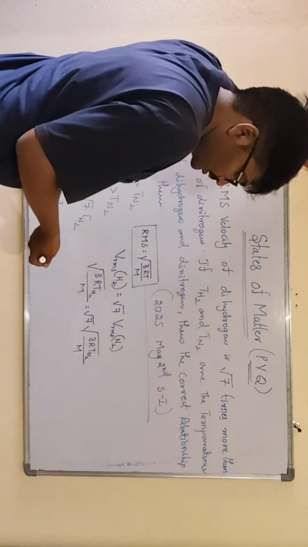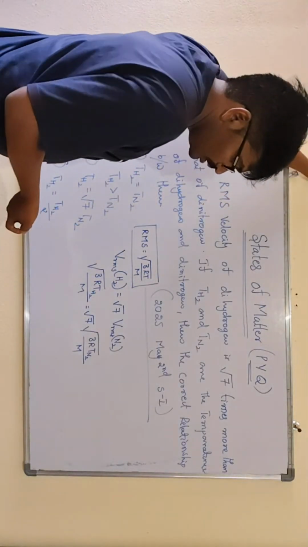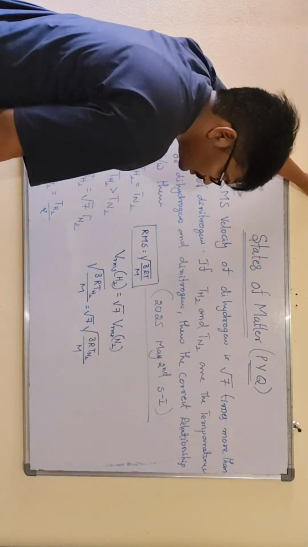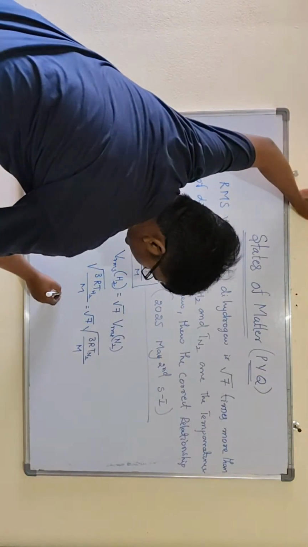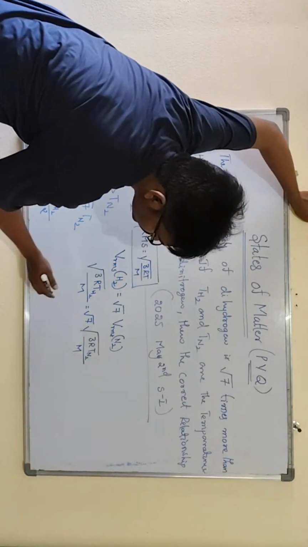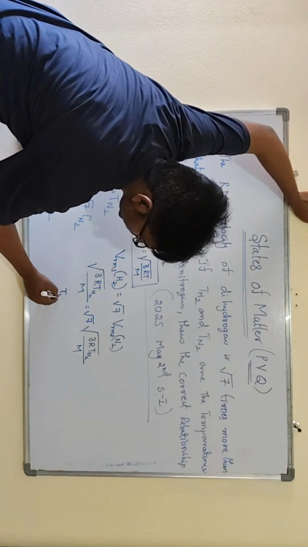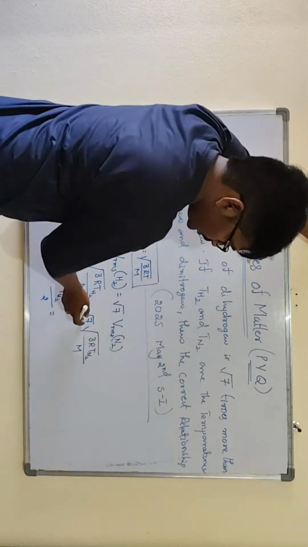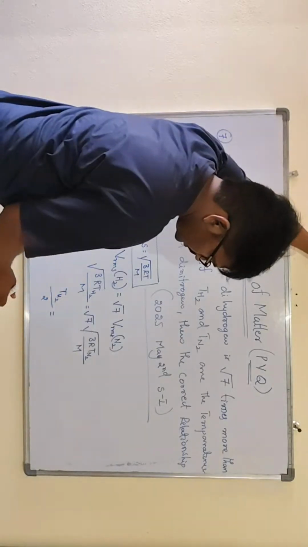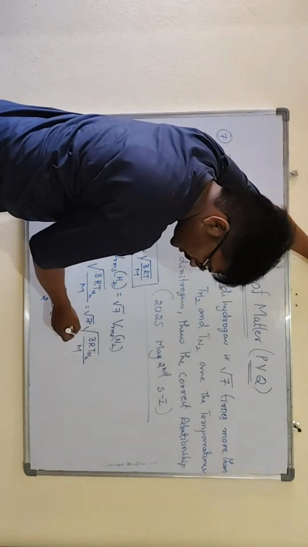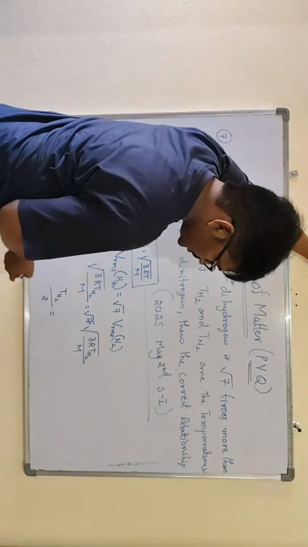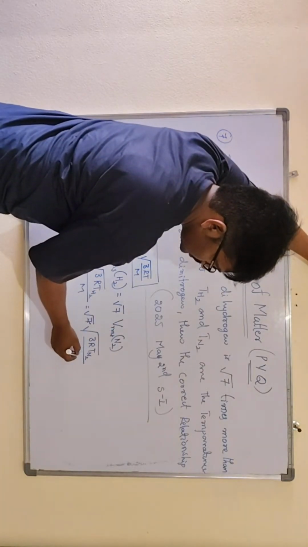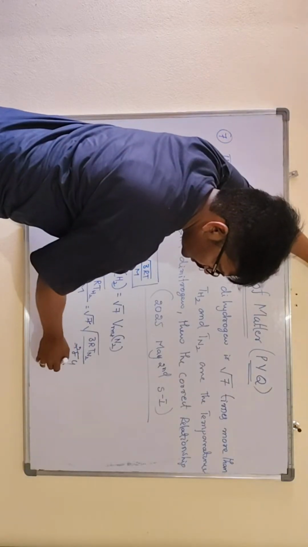Here we can remove the square root of 3R on both sides. Then TH2 divided by the molar mass of hydrogen, which is 2. So TH2 divided by 2 equals 7 into TN2 divided by the molar mass of nitrogen. The molar mass of nitrogen is 28, so 7 fours are 28.